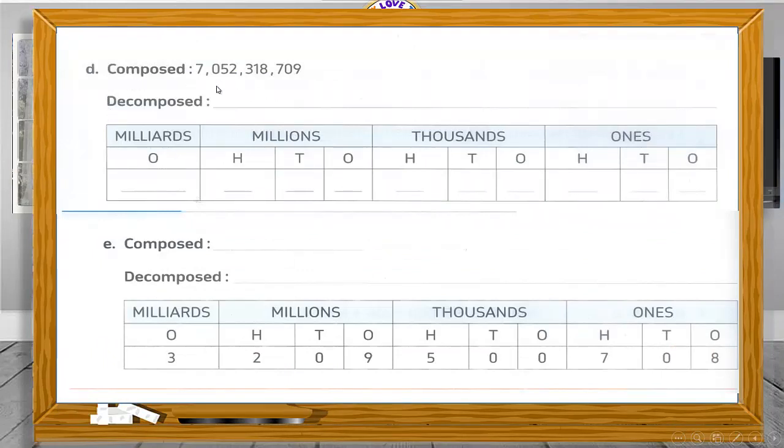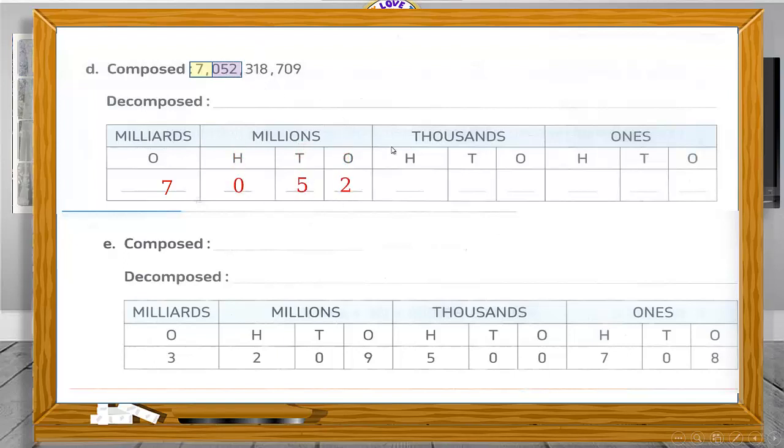Next one, composed. He gives you the number in standard form, and you should first write it in the place value chart. After that, decompose the number. We have how many periods? We have 7 million. That means we have 4 periods. 1, 2, 3, 4 periods. In the second period, or millions, we have 52: 0 in hundreds, 5 in tens, and 2 in ones.